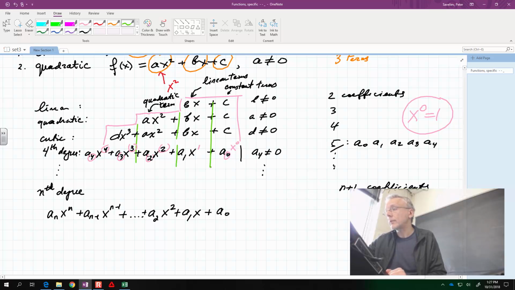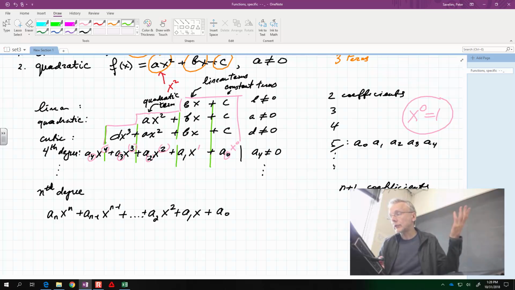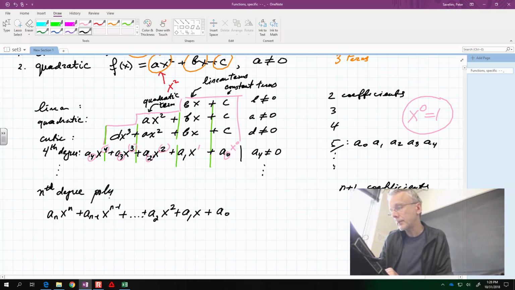Every time you recognize the terms that you have seen before, and you know that you're adding complexity by adding this extra power. So an extra power term is added to the lower degree polynomial. That creates a polynomial of higher degree. Okay, so this is what the nth degree polynomial looks like. Once again, we require a_n not equal to 0.